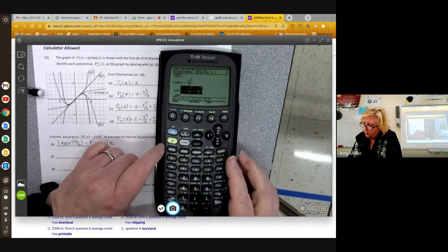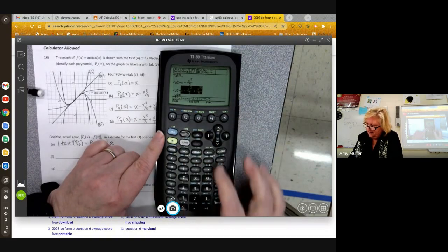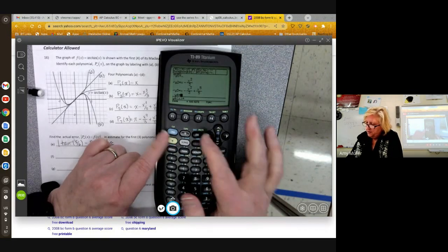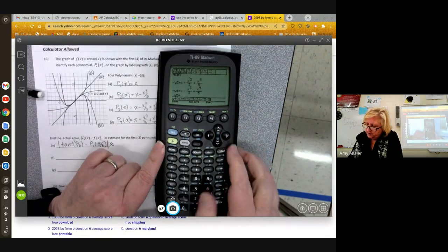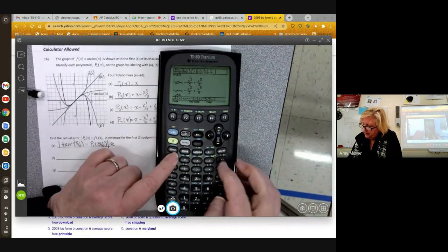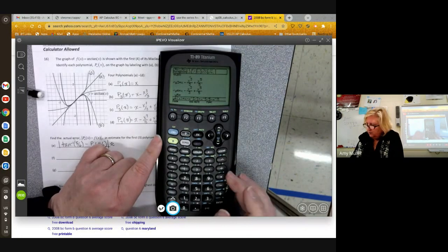Then Control C, copy, and paste again. And then I'm going to add the last term, which is negative x to the 7th over 7, right?